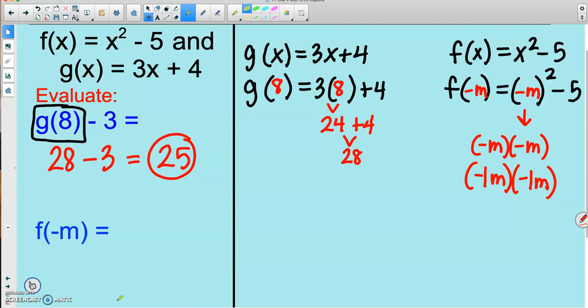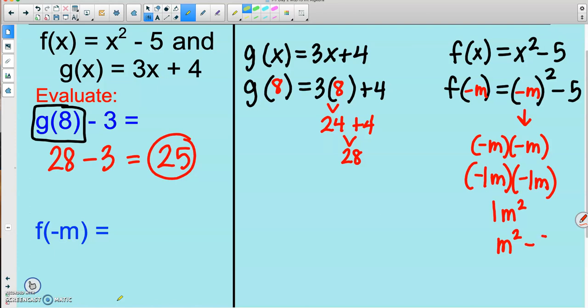Negative 1 times negative 1 is 1, and m times m is m squared. So this is really 1m squared, or just m squared. I know that was a lot of explaining for that piece. So when you square negative m times another negative m is actually positive m squared.